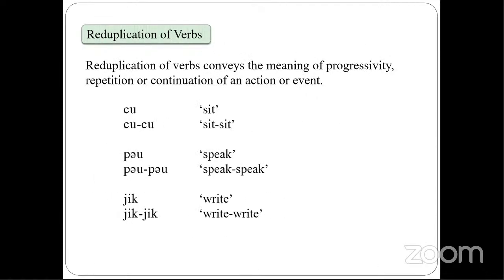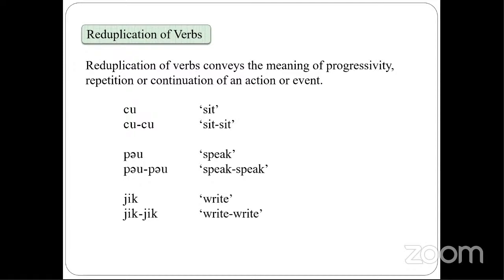And under the section of the reduplication of verbs, reduplication of verbs conveys the meaning of progressivity, or an action or event which is taking place in continuation, or is in progress.